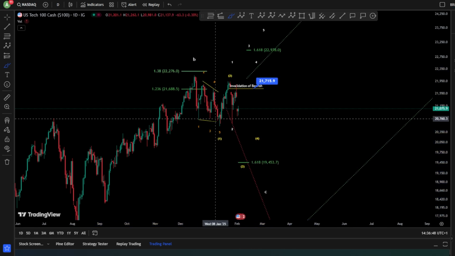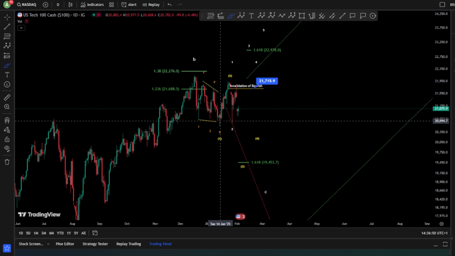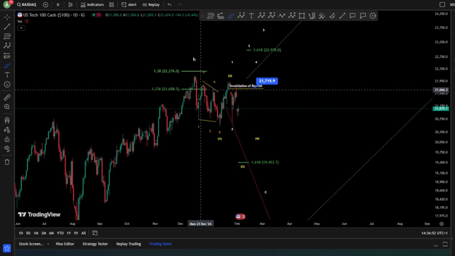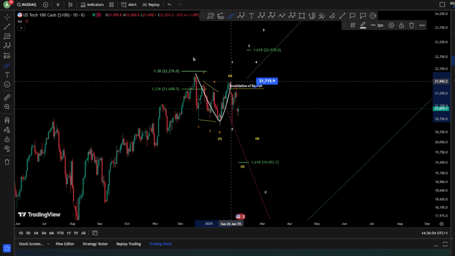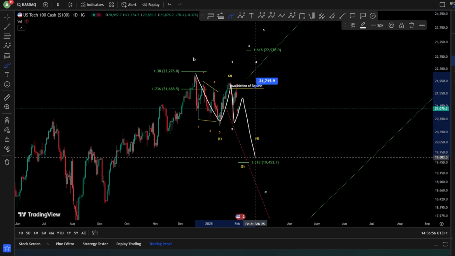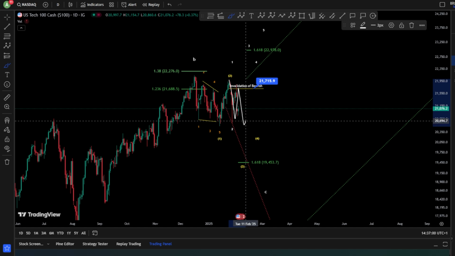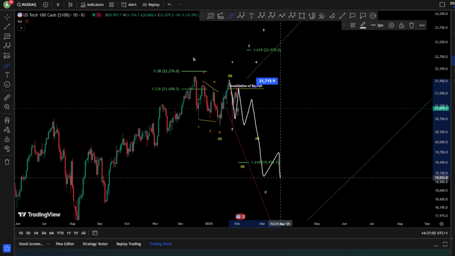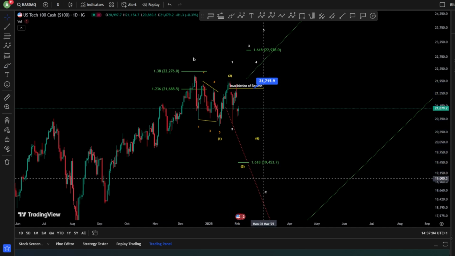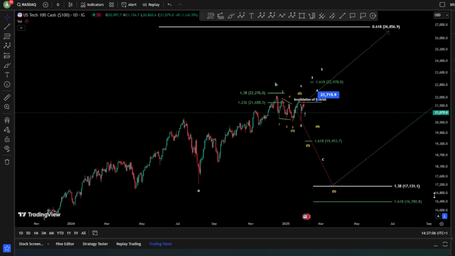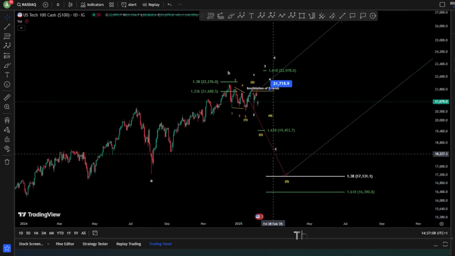Probably a leading diagonal 1, 2, 3, 4, 5, and that is telling us this might be an impulse towards the downside. And here we might have already 1, 2, and then probably 1, 2, 3, 4, and a 5, moving lower.